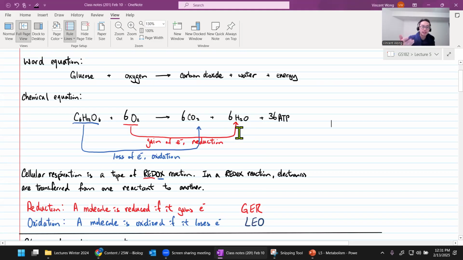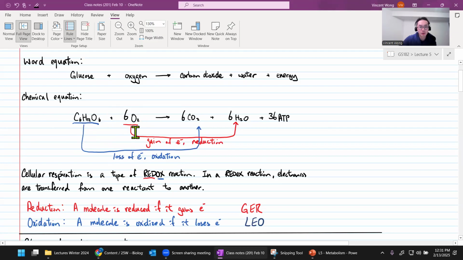And most importantly, this reaction is going to allow us to generate up to 36 ATP for every glucose that we consume.